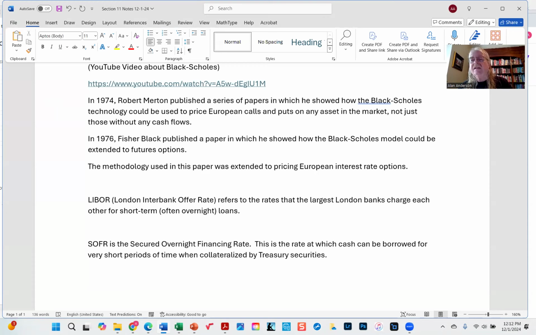So if I'm a bank and I need to borrow money in a hurry, in the past I might have gone into the LIBOR market, but now what I could do is this.